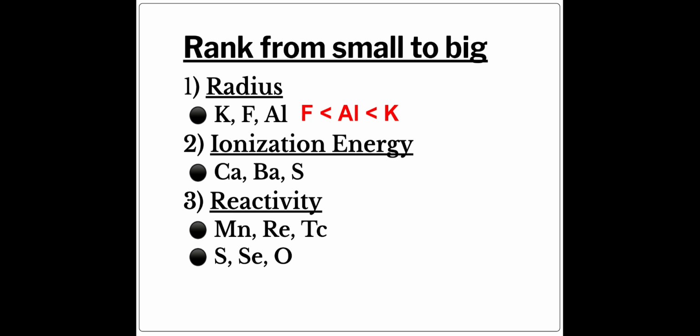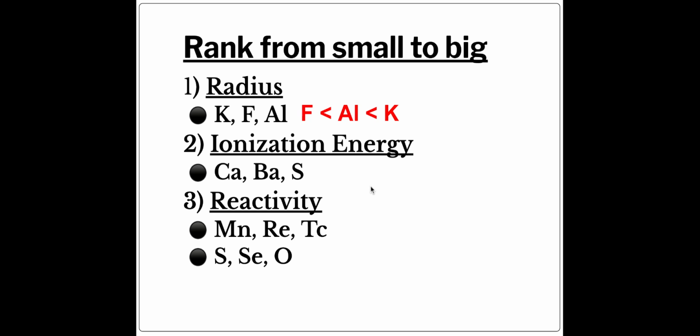So the smallest radius is going to be fluorine, which is that top right corner, followed by aluminum, which is more to the left and a little bit lower in the table. And then you've got potassium, which is farther to the left and a little bit lower. So it's going in the direction of the diagonal.